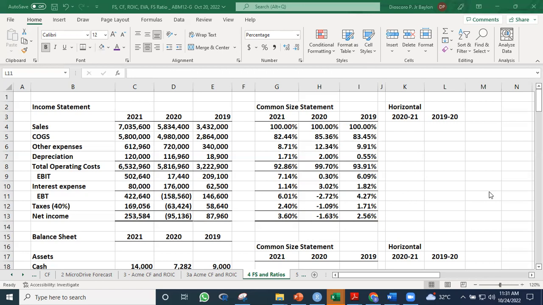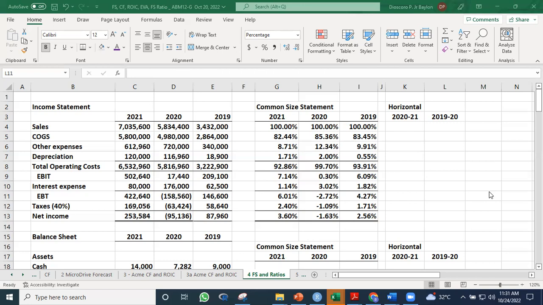So, ang nangyayari na lang, 7 pesos na lang yung operating profit natin. Tapos mababawasan pa ng interest expense na piso, 1.14. Then mababawasan ng tax na 2 pesos. So, ang matitira na lang, ang net income na lang, 3.6. 3 pesos and 60 centavos sa bawat 100 peso sales. Okay?